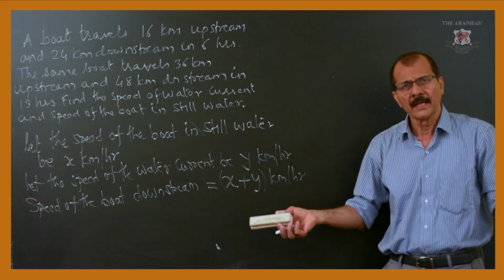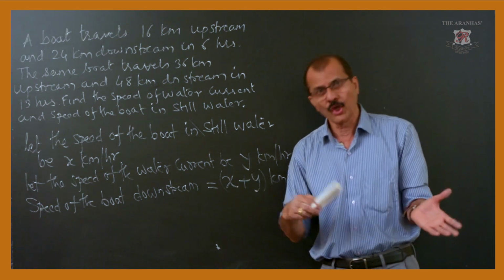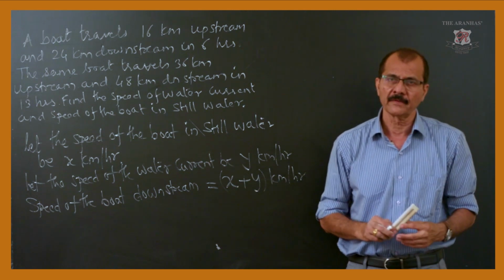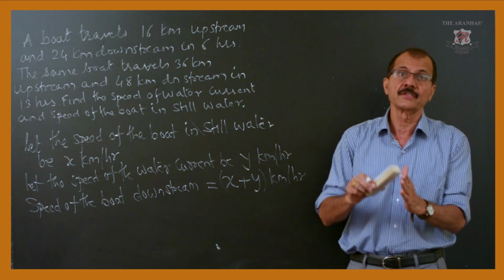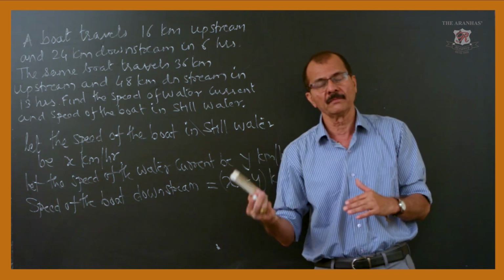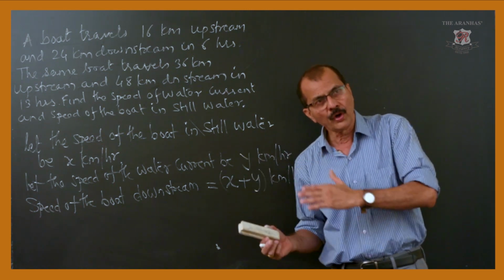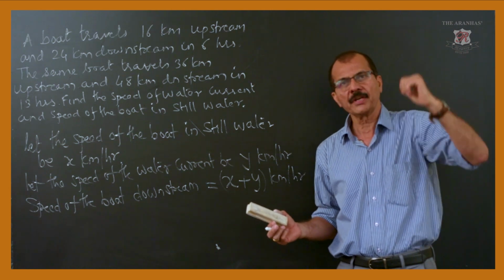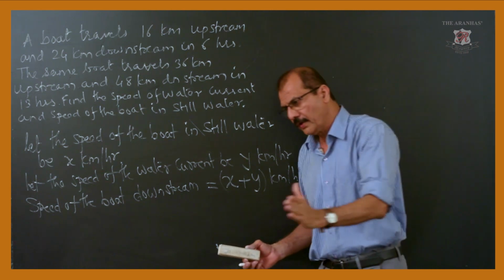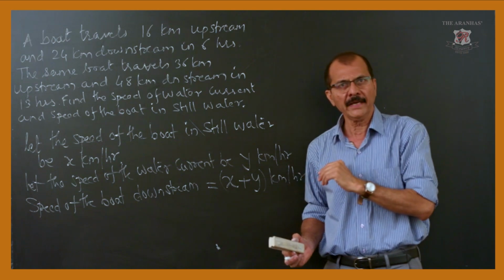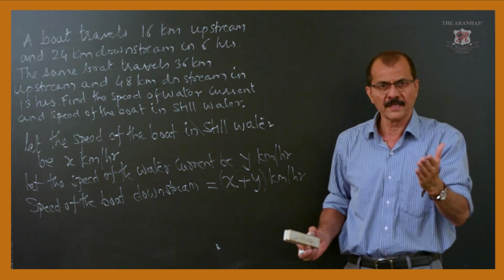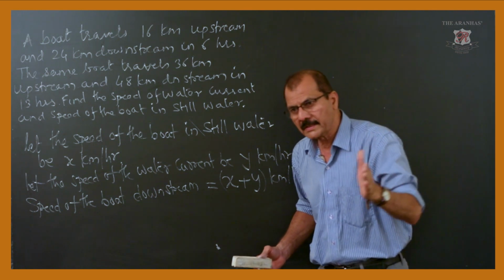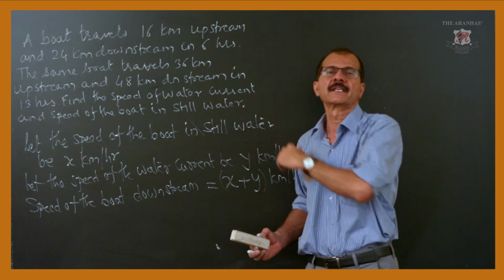What will happen if the speed of the boat is not greater than the speed of the water current? That means, if the speed of the water current is more than that of the boat, then the boat will not go upstream, it will flow downstream only. Why? Speed of the boat is less and speed of the water current is more. So, obviously, the water current will take the boat along with its current.